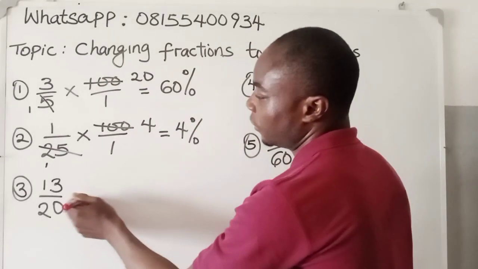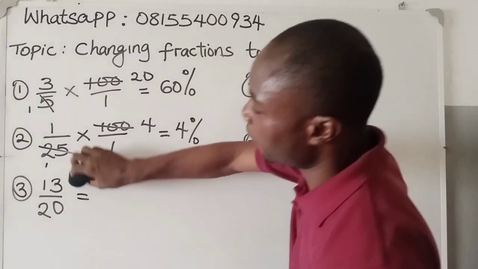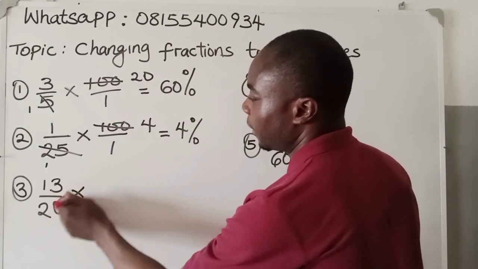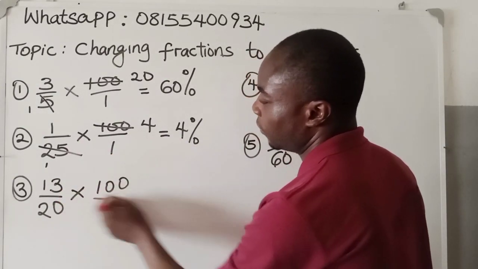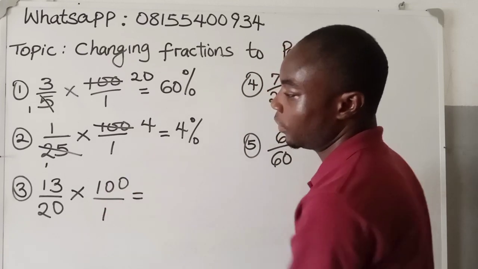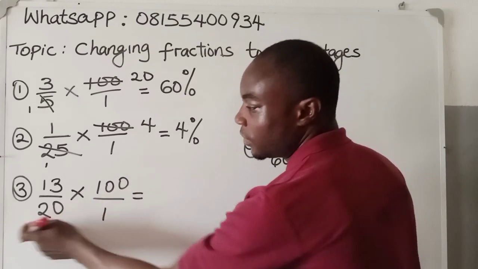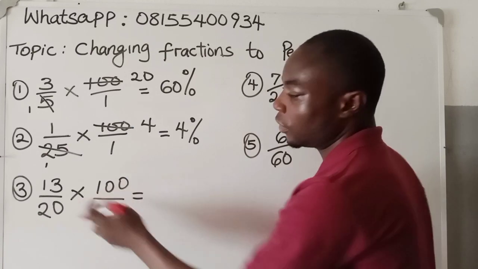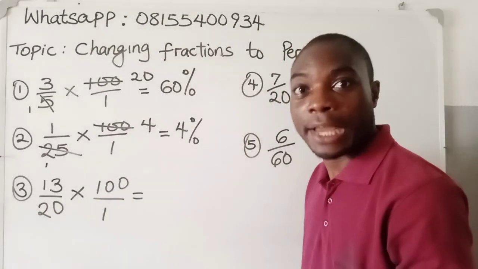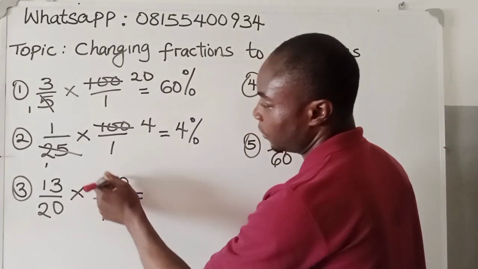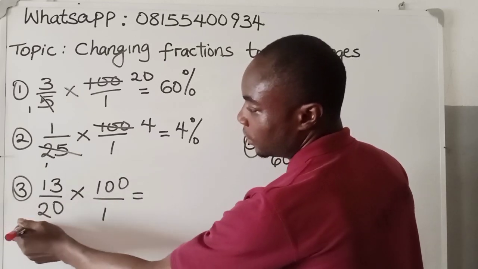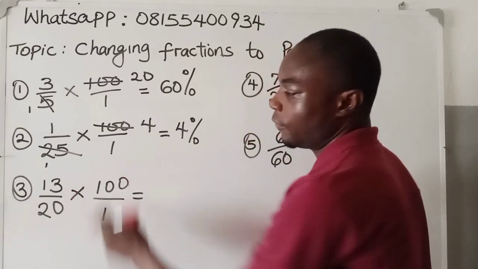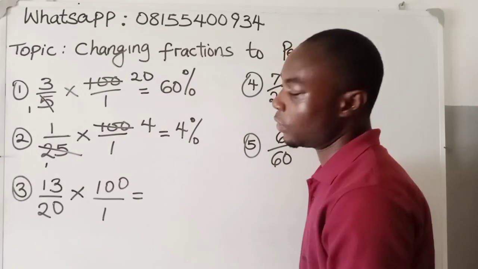All right. So the next question, we have 13 over 20. We'll multiply it by 100 over 1. We can see in this case, 20 can go into itself and 20 can go into 100. If you like, you can say 0 cancels 0. Then 2 goes into itself once, 2 goes into 10 5 times. Whichever way works for you.